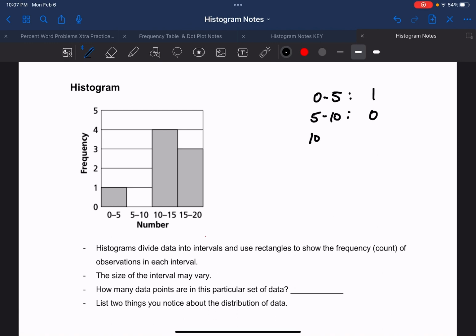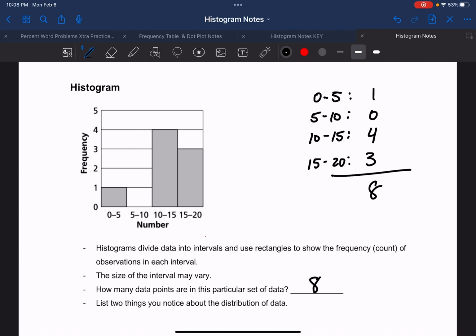In my 10 to 15, I have 4. I hope you're noticing I have 4 in this category right here. And then in my last interval, 15 to 20, we have 3. And all you're going to do is add those up. So I have 1, 5, 8 total. In this particular set of data, I have 8 data points.